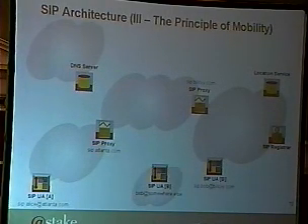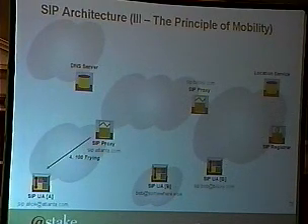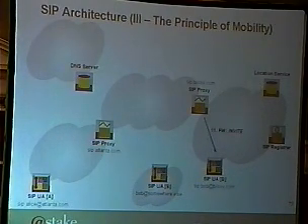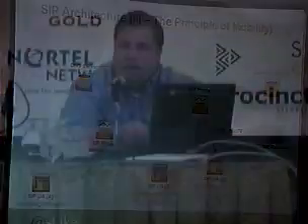Now, SIP also supports mobility, which means that we can register in a couple of different places. A SIP entity or a SIP URI can be associated with one or more IPs. This means that when we try to reach Bob, his work phone, for example, might be switched off, or it might have information on where to send the invite, for example if he's at home now, or he's using his mobile phone.